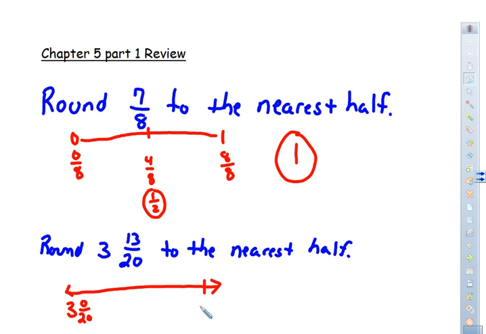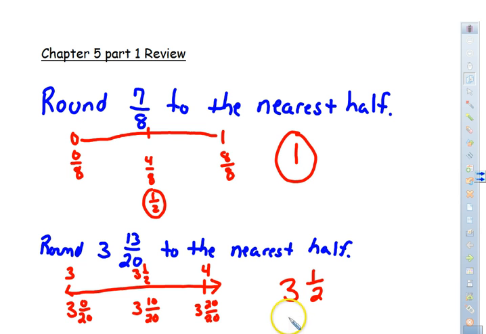Out here would be 4, which is 3 and 20/20, since 20/20 equals 1, you'd add that on, equaling our 4. This again is equaling our 3. And our 3.5 mark is going to be 3 and then half of the denominator, which is 10/20. So again, we ask ourselves the question, is 13 closer to 0, 10, or 20? In this case, 13 is closer to my 10, which equals 3.5.